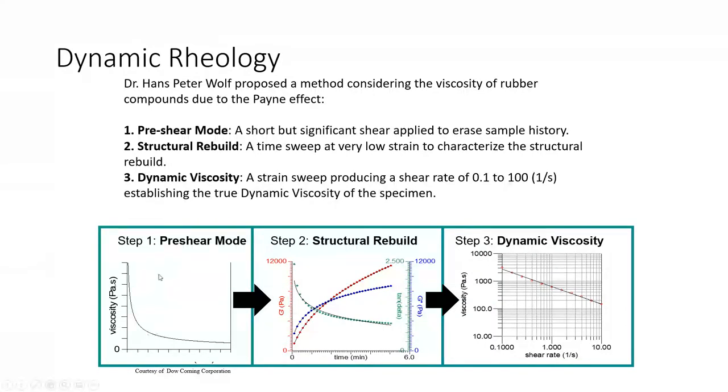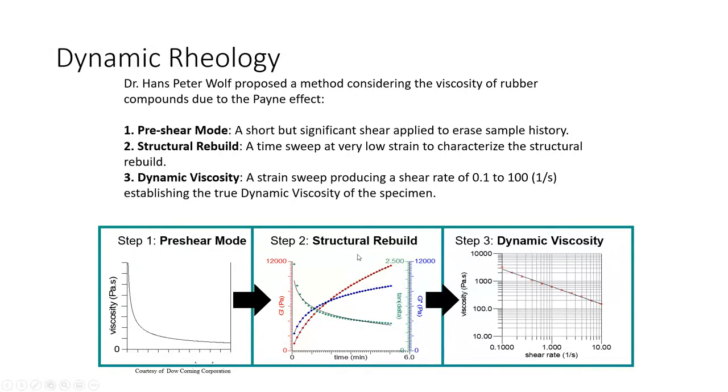So this is the screw and barrel's duty, to place on the material a mastication or a pre-shear mode. So we're duplicating what's going on in the screw and barrel right here. And so that's always the precept of all of our programs for the rheometer, is running this step.